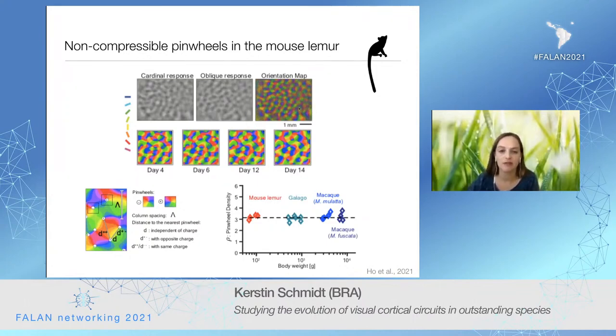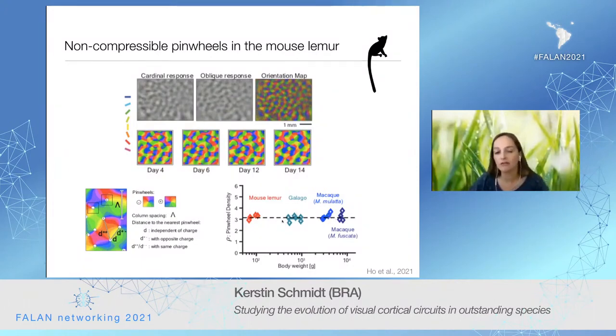And then an interesting question in this discussion was also, okay, so maybe the rodent columns are extremely small, they are just compressed, but they are nevertheless columns. And as you can see here, even though this cortex is quite small and the animal is extremely small, orders of magnitude smaller than the big monkeys, its orientation preference columns cannot be infinitely compressed.